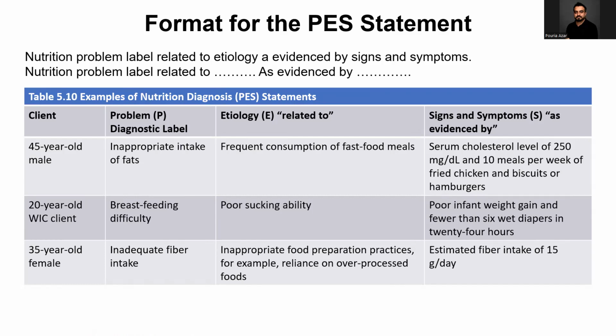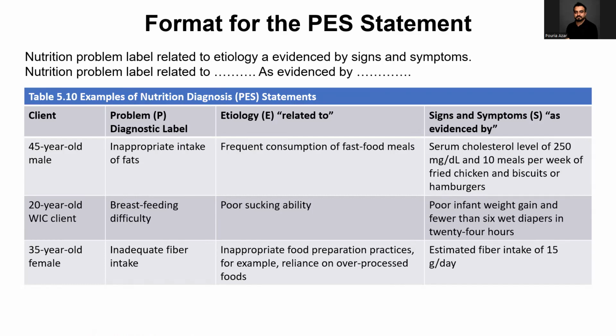For the client who is a 45-year-old male, we say inappropriate intake of fats related to frequent consumption of fast food meals as evidenced by serum cholesterol level of 250 and 10 meals per week of fried chicken and biscuits or hamburgers.